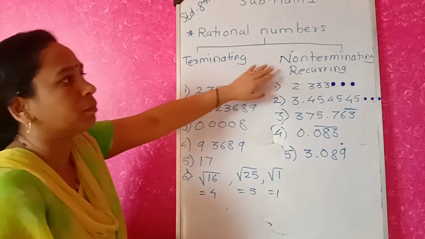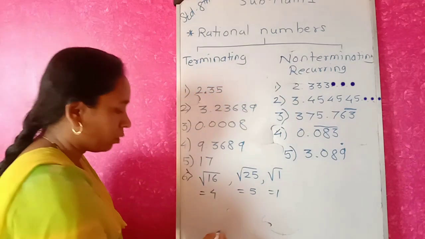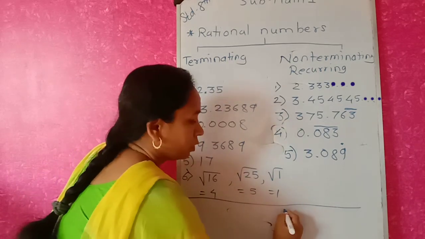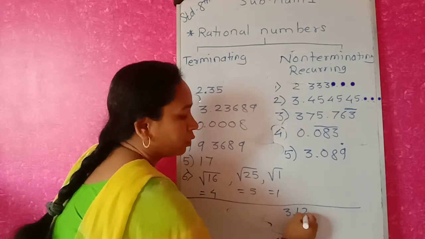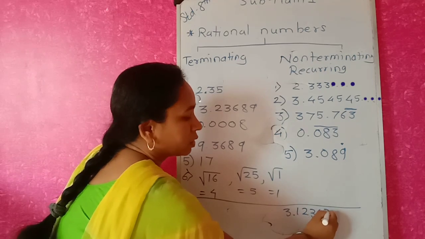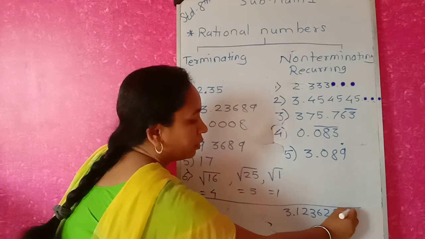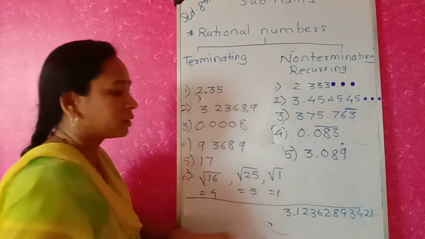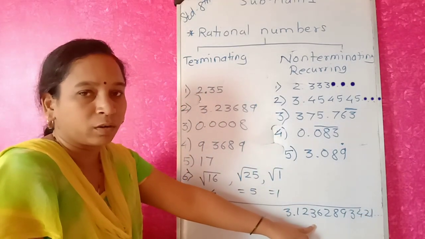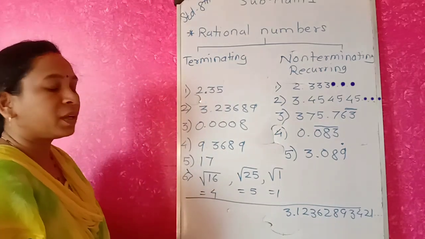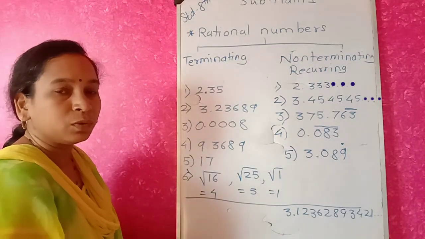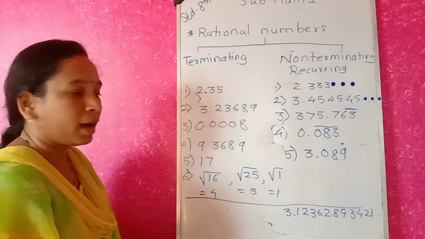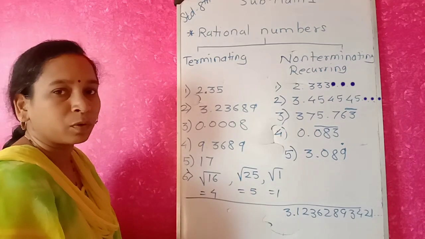But what about the numbers you can find in this way also? 3.12362889342, such types of answers you must have got. In the previous video, I asked you the decimal form of a rational number, the question 22 upon 7.